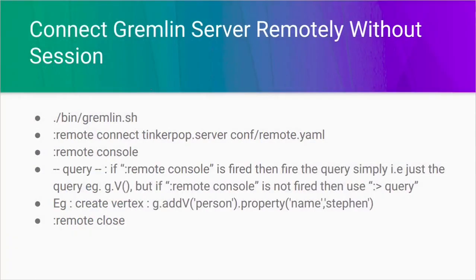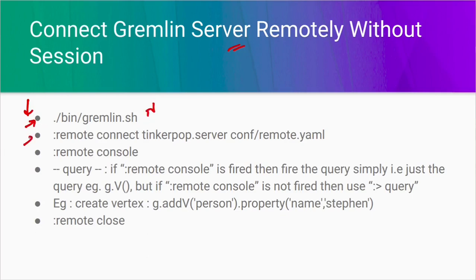So these are the steps that show how we can connect to a Gremlin server remotely without a session. We will understand the difference between with session and without a session in a bit. As of now, let's just see the steps and try to connect to a Gremlin server using the Gremlin console. The first step is to open the Gremlin console that we just did.